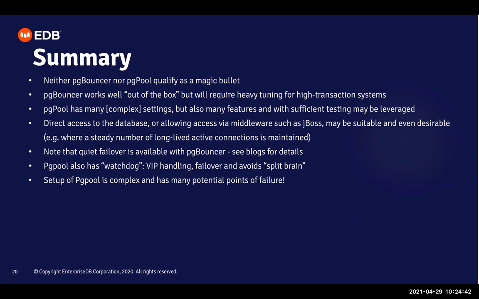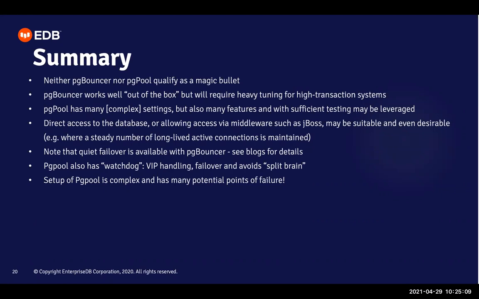PG Bouncer works well out of the box. It needs only a few configuration parameters that you have to set, but it will require some tuning for high transaction systems. PG Pool has many settings, and some of those are complex settings. So there are many features, but with sufficient testing, you can use those features.